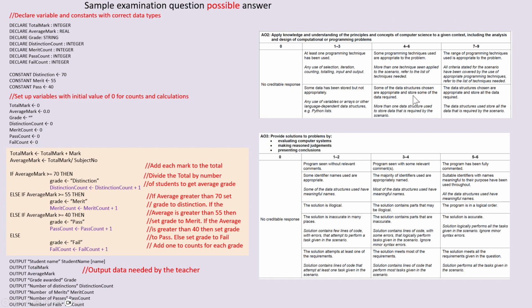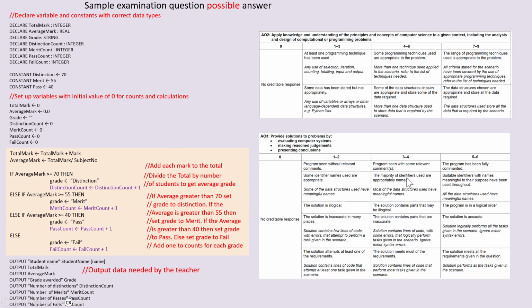Some of the data structures chosen are appropriate and some of the data is required. Well, yeah, so the appropriate data structures with the correct data types, and we've got good identifiers. We've used sensible names, so we're sat comfortably here for that in this middle band. And then we've got for AO3, program seen with some relevant comments, definitely.